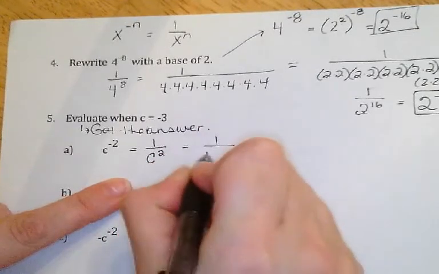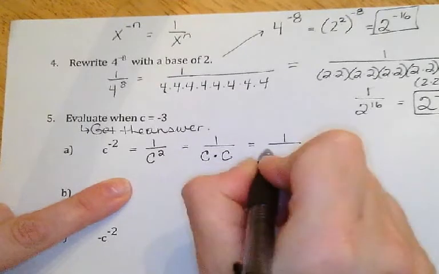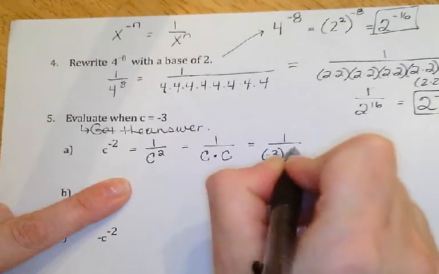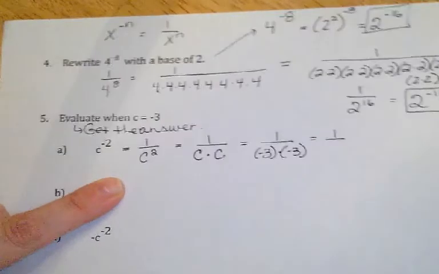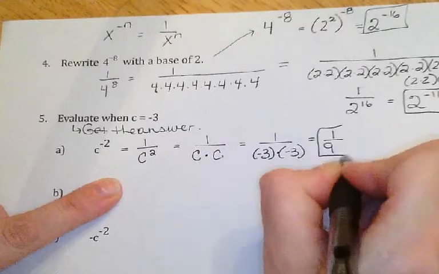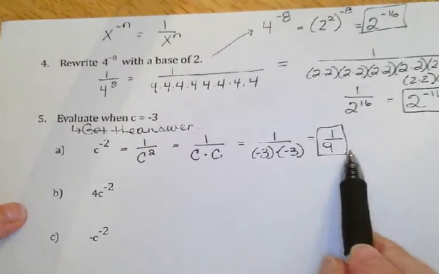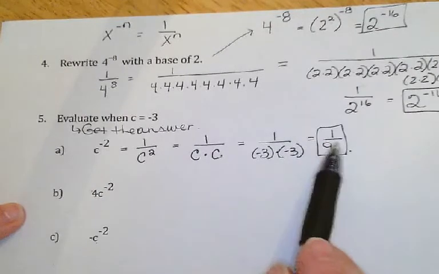Doesn't c squared mean the same thing as c times c? So if I replace those with negative 3s, what's negative 3 times negative 3? Positive 9. All right, so we're going to need this one answer to be able to do the next two.